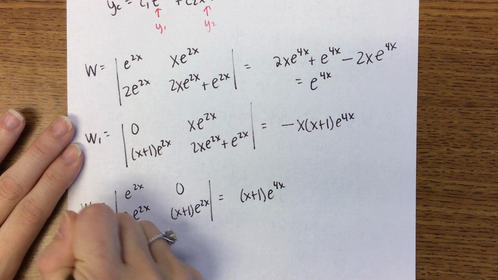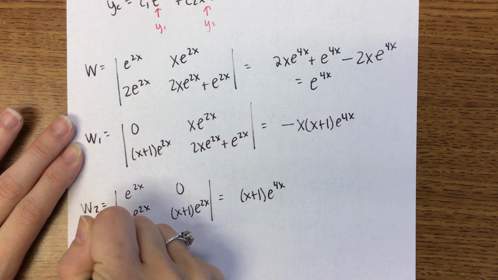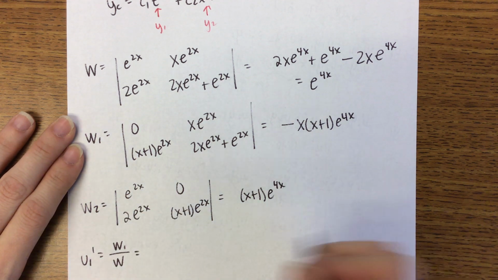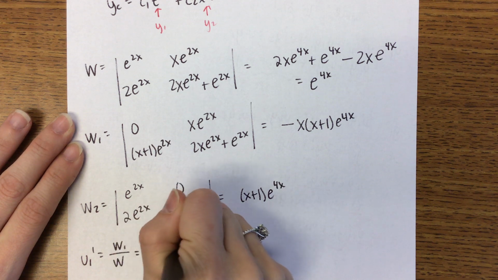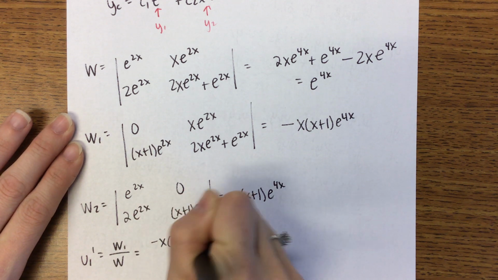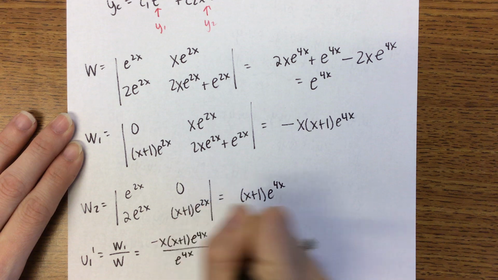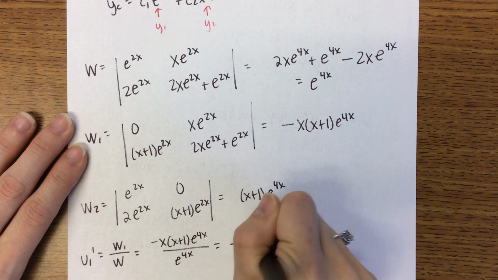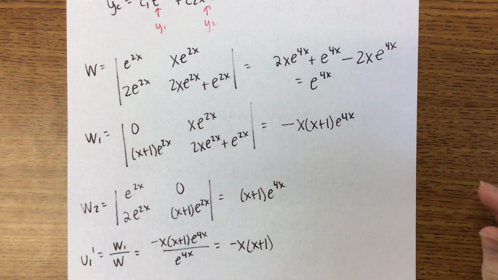Okay, our u1 prime then is w1 divided by w. So that ends up being negative x quantity x plus 1.